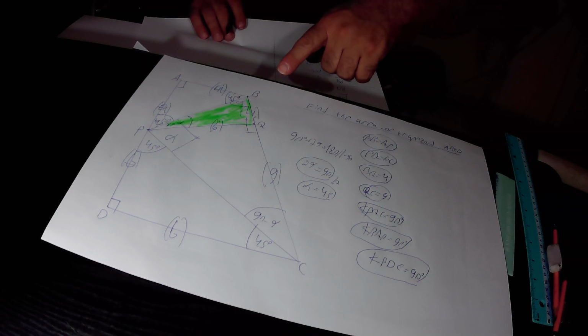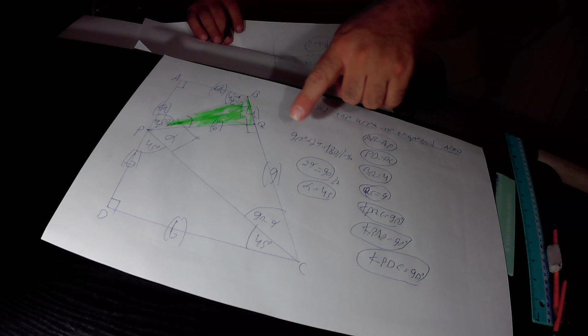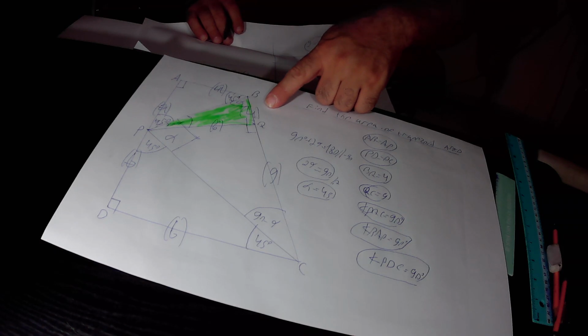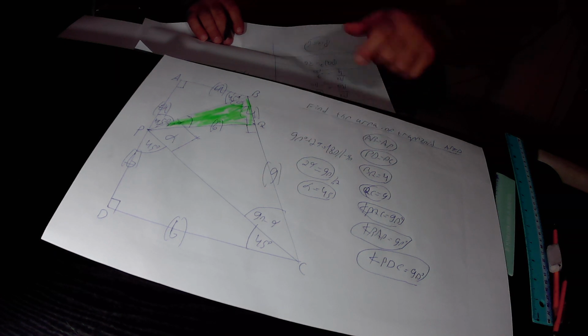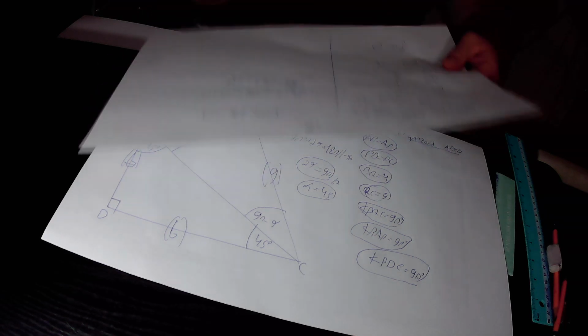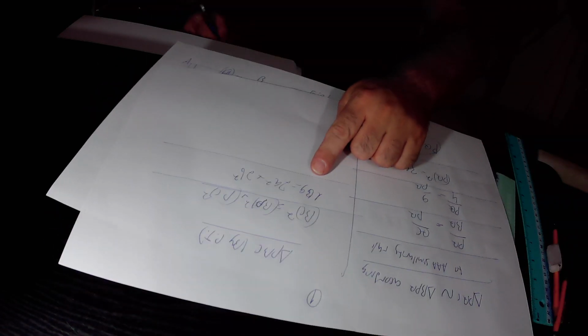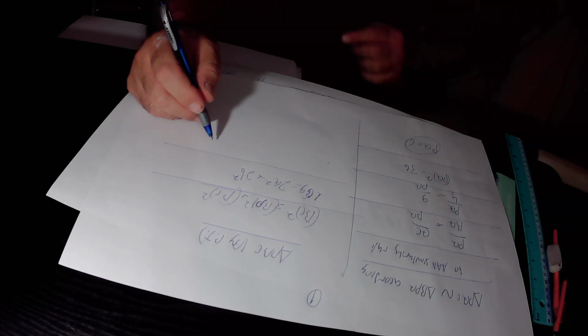Again, the hypotenuse of the big right triangle PBC is equal to 4 plus 9, that is 13, and BC square is 13 squared, that is 169. BC square equals 169, and it is equal to 2A square plus 2B square.